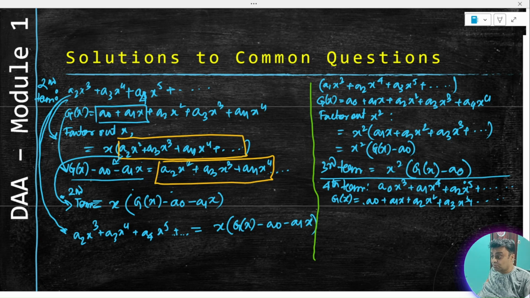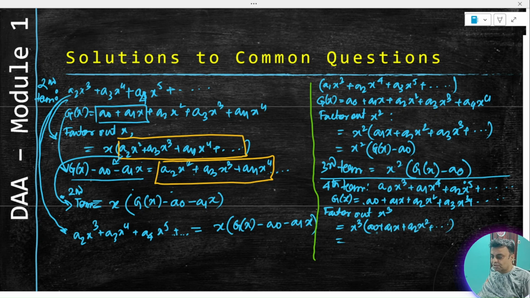So what do we see as a discrepancy? Let's figure out. a0 comes with x^0, so 3 x's are extra. a1 comes with x^4, a1 should come with x^1, so 3 x's are extra. So we have to factor out x cube, and that makes it equal to x cube times a0 plus a1x plus a2x square, etc.